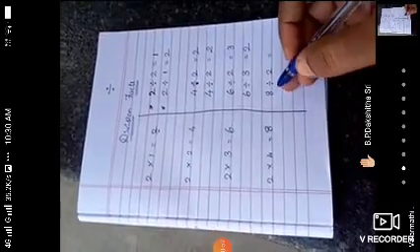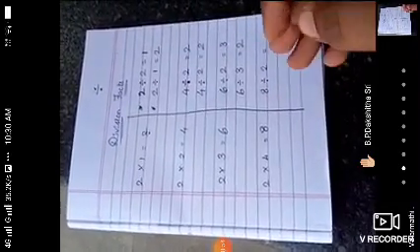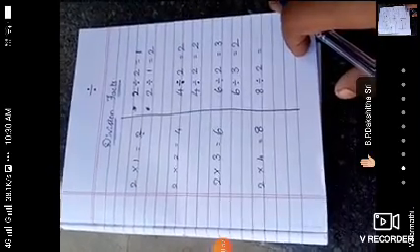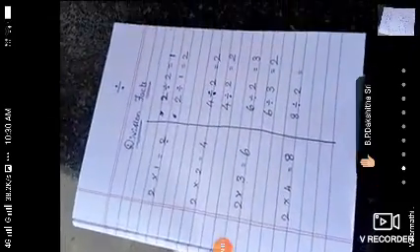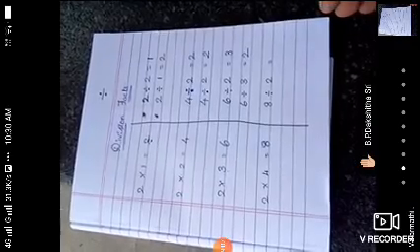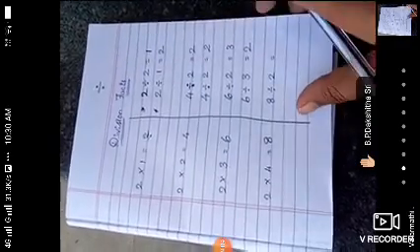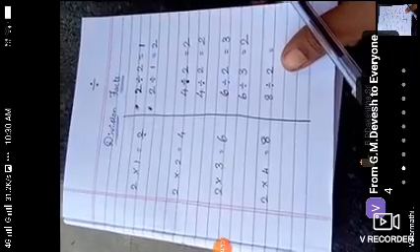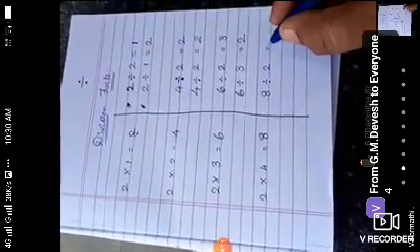8 divided by 2 will give you, if you just imagine 8 things and you divide them into 2 groups. 8 stars we have to divide into 2 groups. So each group will get how many stars? Send it in chat. Very good. You will get 4.